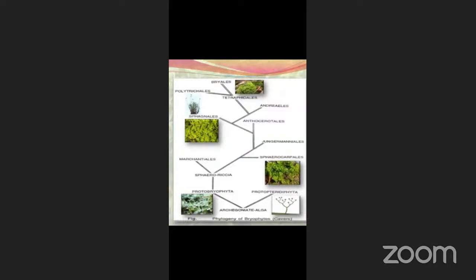The development of the assimilatory filaments and formation of barrel-shaped pores are characteristic of Marchantias. So these barrel-shaped pores and assimilatory filaments are the primitive characters. He explained these are the primitive characters.